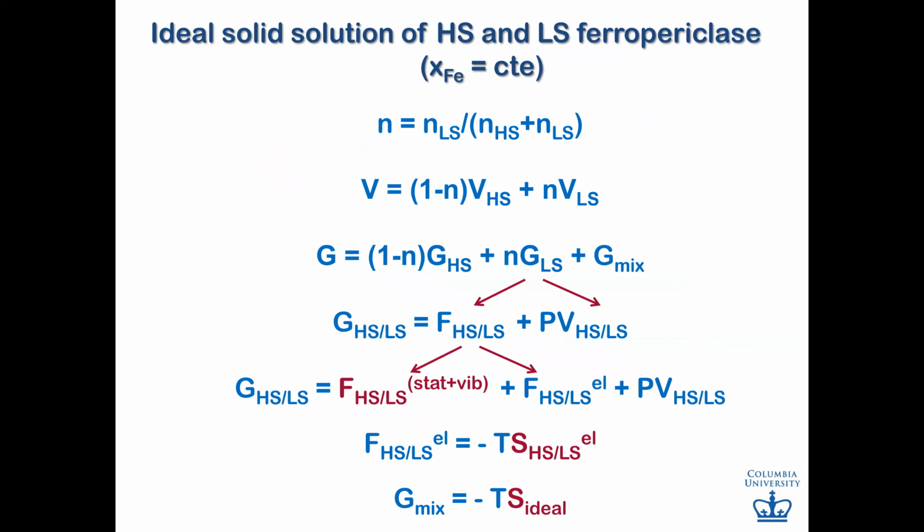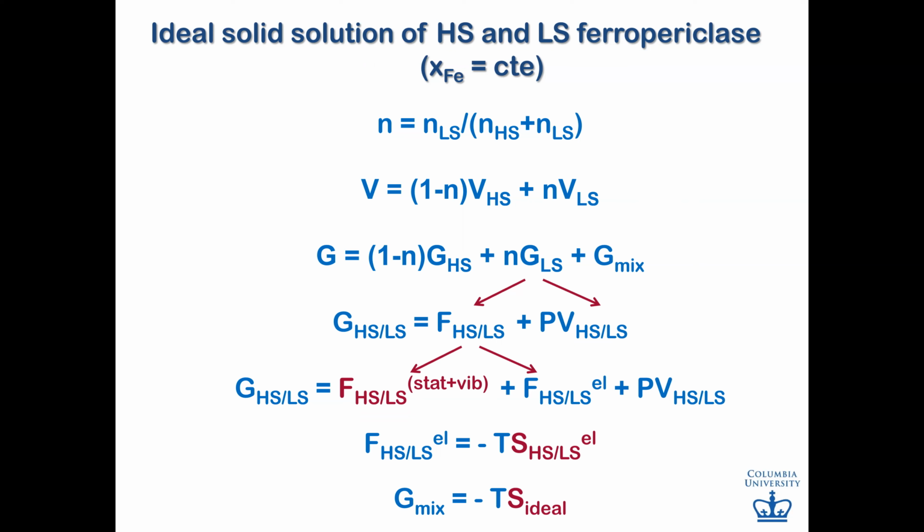And so then we need to do thermodynamics to understand the behavior of the spin crossover at high pressures and temperatures. Given this phenomenon that I described, where irons are not interacting with each other, we developed a model for an ideal solid solution of high spin ferropericlase and low spin ferropericlase.